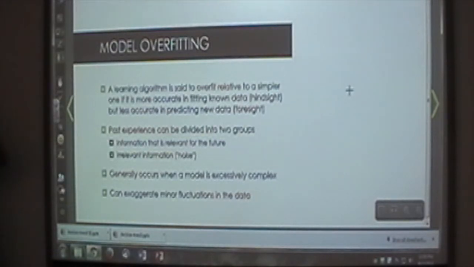Past experience can be divided into two groups: information that's relevant for the future, which is really what we're interested in, and irrelevant information, which we sometimes call noise. The ID code example is irrelevant information because it's not even really information.